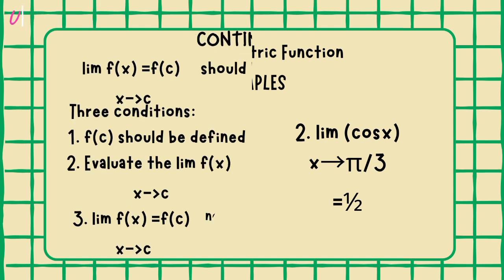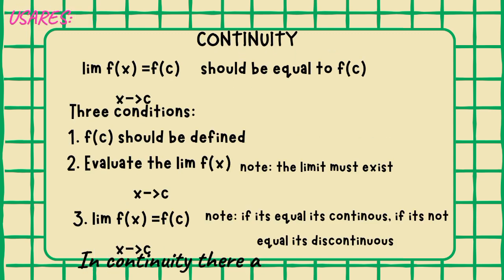In continuity, there are three conditions. First, f of c must be defined. The function must exist at the point c. 2. The limit of f of x as x approaches c must exist. As x gets closer and closer to c from both the left and the right, the function's value must approach a single finite number, and the limit must exist. 3.